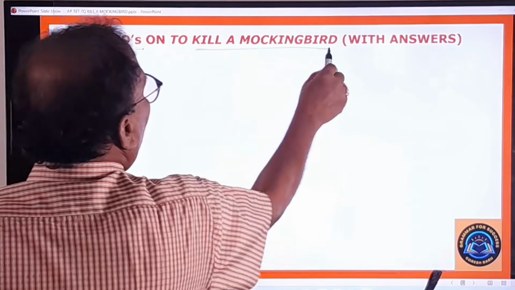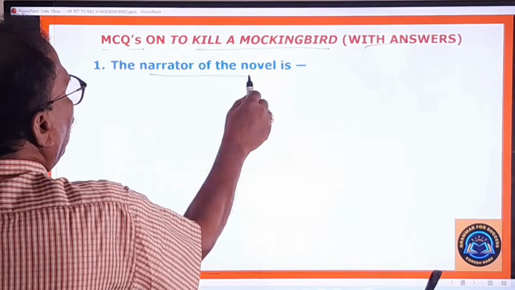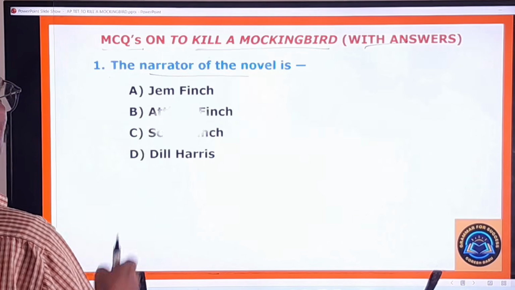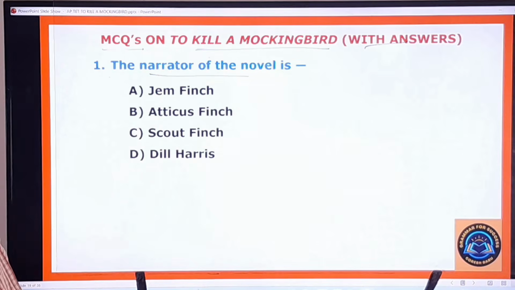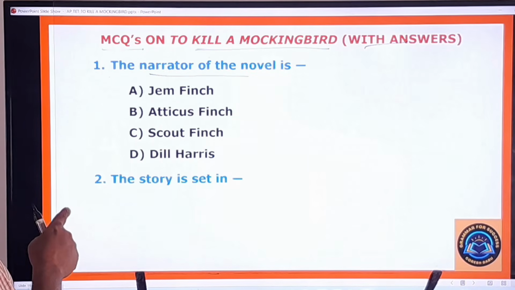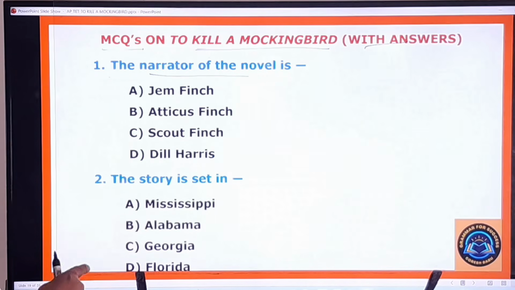MCQs on To Kill a Mockingbird with answers. Here the narrator of the novel is Jem Finch, Atticus Finch, Scout Finch, Dill Harris. Second question, the story is set in Mississippi, Alabama, Georgia, Florida.